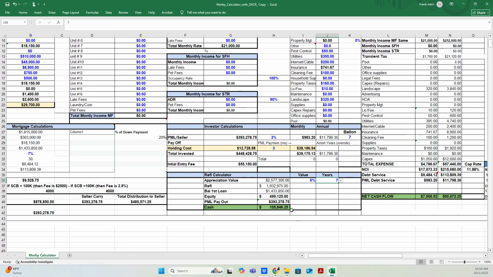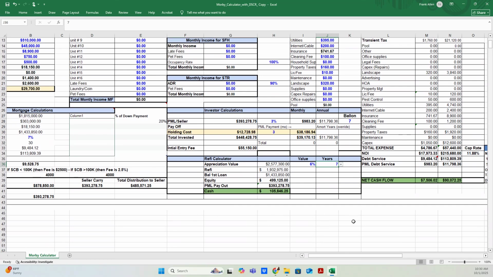Now, if he takes that money out and wants to reinvest it in something else, that's why I'm going to make a calculator down here that will show projections of what his new monthly payment will be, and what the projections will be for the cash flow coming in, if he still has enough funds to cover that.